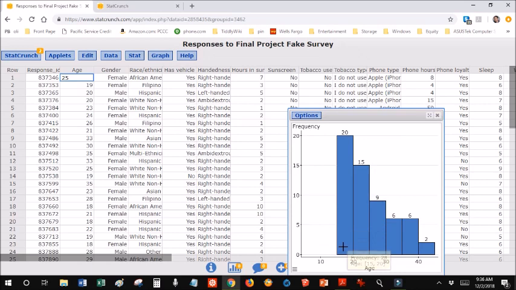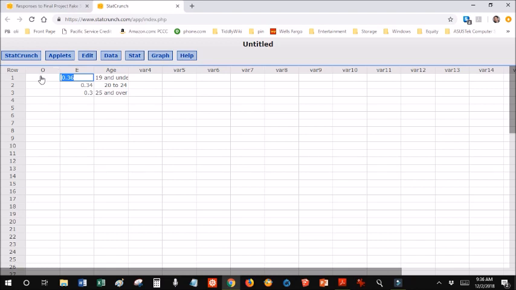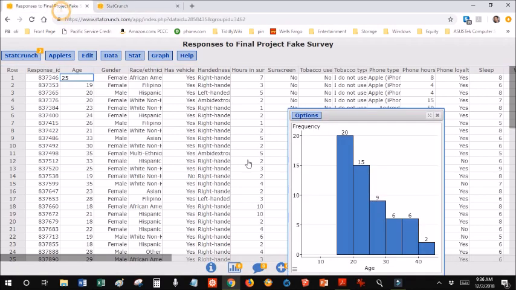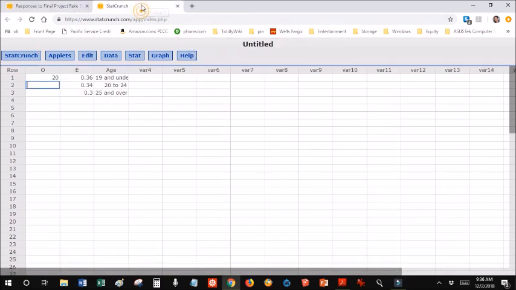And I can see that from age 15 to less than 20, that's 15 to 19, I had 20 people, 20 ages. From 20 to less than 25, that's 20 to 24, I had 15 observed subjects, or 15 people.